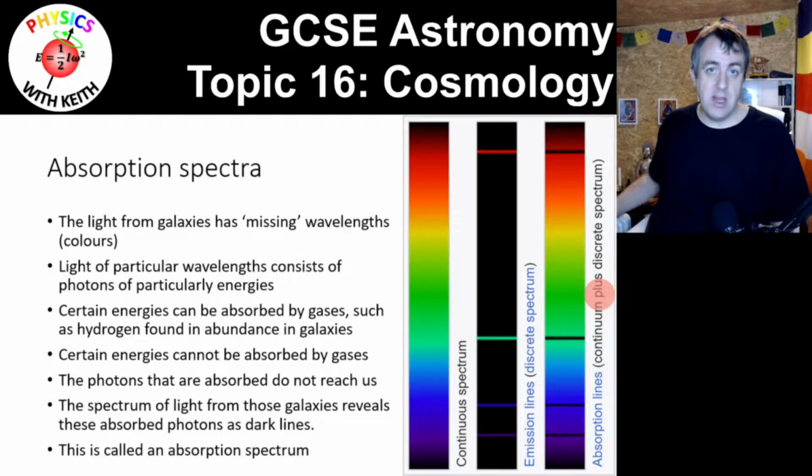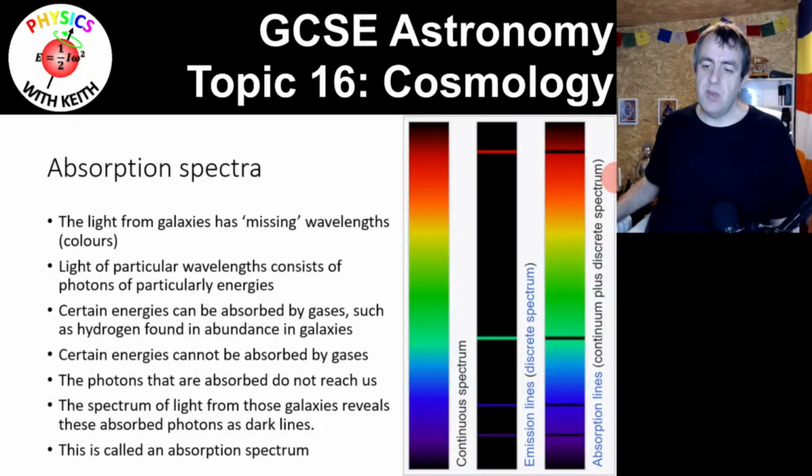Photons of red light each carry less energy than photons of blue light, because blue is a higher frequency and a lower wavelength than red. So that's kind of how that works. So we've got certain colours missing from the light we get from the sun, and therefore there's certain energies of photons that don't make it out of the sun. They're absorbed in the atmosphere of the sun.